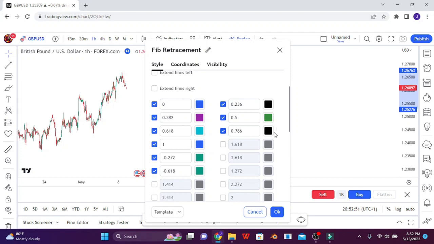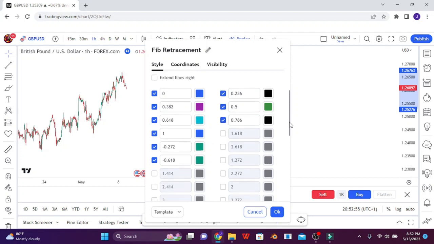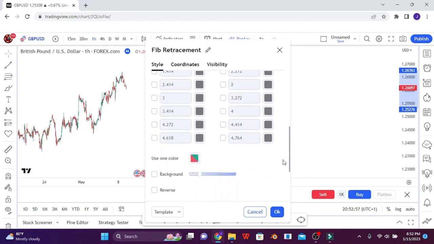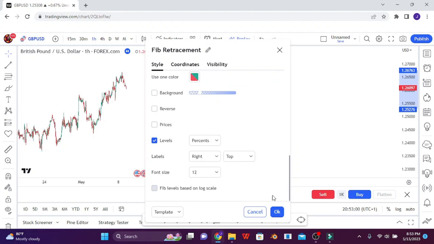That is my settings. Let me go down a little. Here you can also screenshot this side, because this is my pure setting. I'm going to explain to you what I do and how I do it.